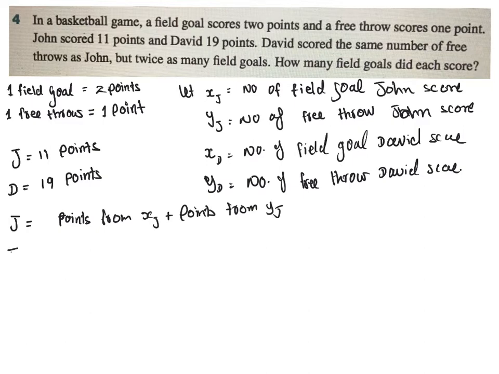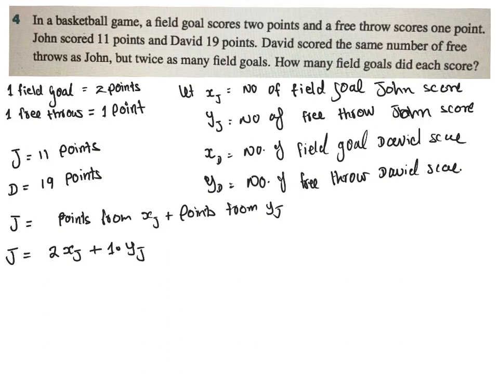What that means is you can write j equals 2 times xj, the points he obtained from scoring xj, plus 1 times the number of free throws, which is yj.